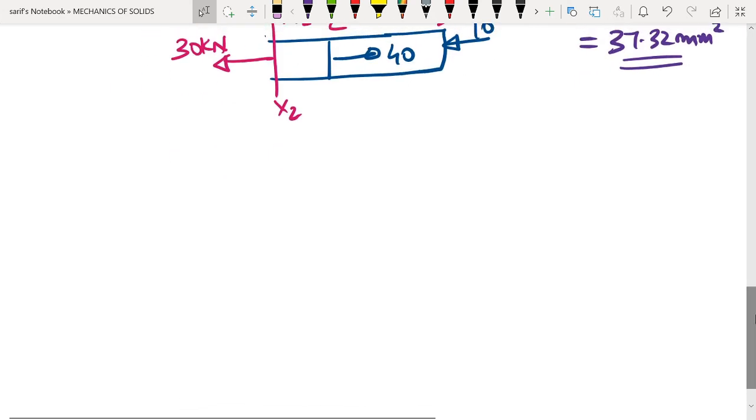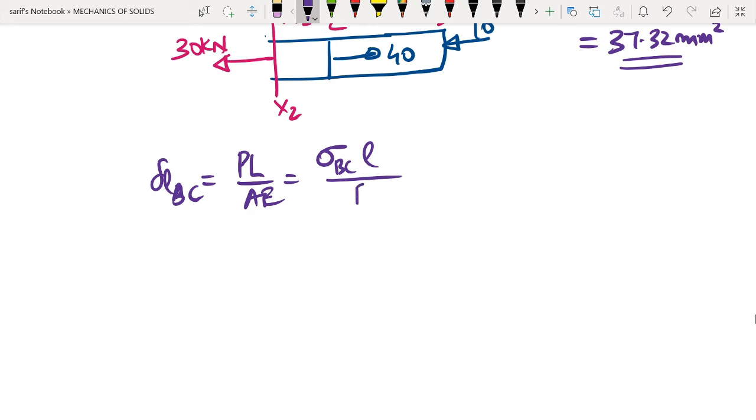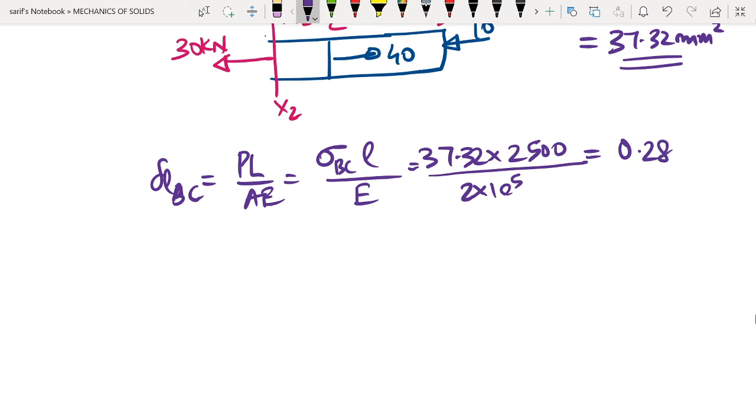Since it is tensile stress, it will be an elongation. So delta L BC will be equal to PL by AE. P by A is sigma, so sigma BC into L by E, that is 37.32 into the length 2500 mm, divided by E, which is 2 into 10 raised to 5 Newton per mm square. We will get the magnitude as 0.28 mm. It is positive, which indicates that it is an elongation.